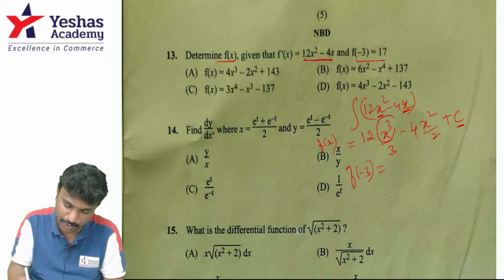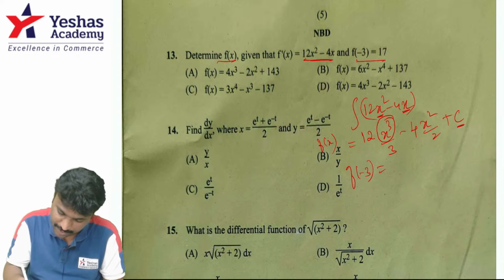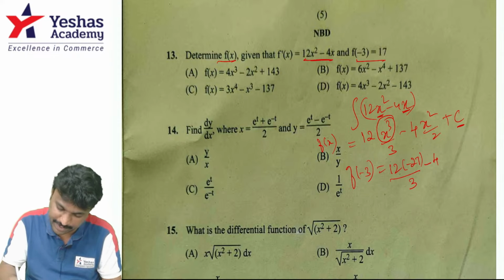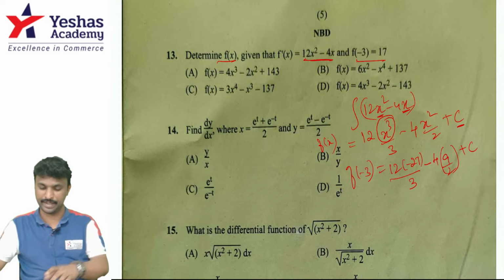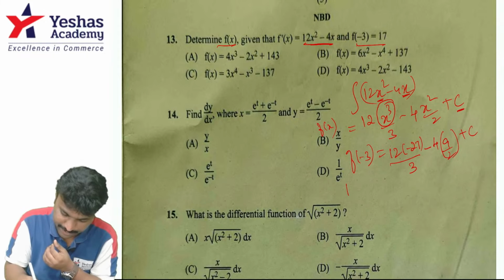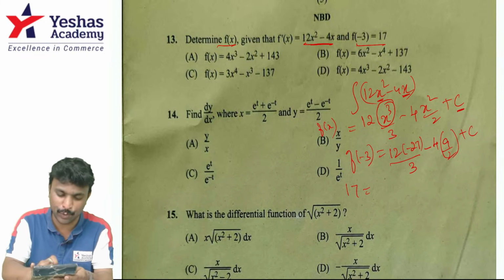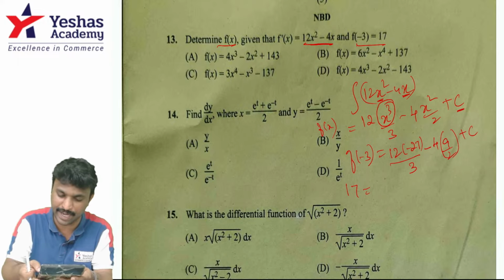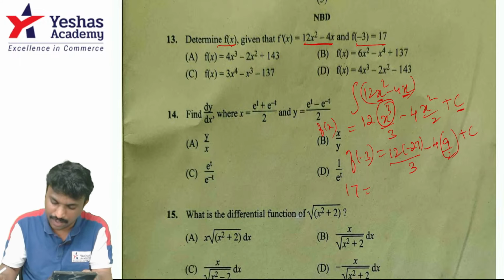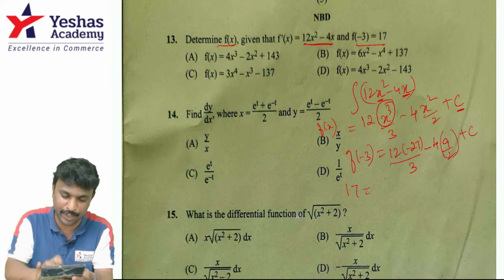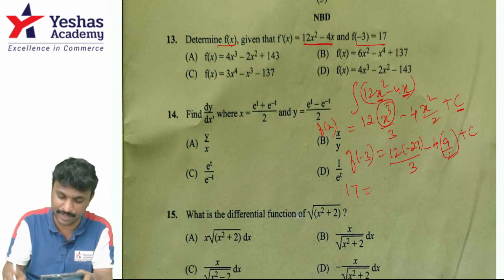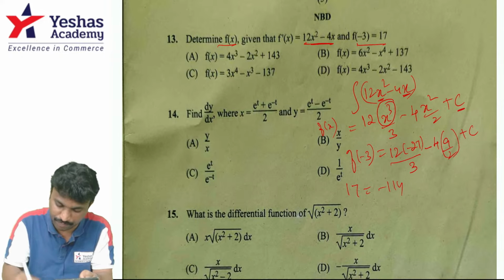So minus 3 the whole cube is minus 27. So 12 into minus 27 divided by 3, minus 4 into minus 3 the whole square is 9 divided by 2, plus c. Now please substitute f of minus 3, it is 17. 12 into 27 divided by 3 is negative, so minus, 4 into 9 by 2 is negative, so minus, plus c, it's minus 114, right?